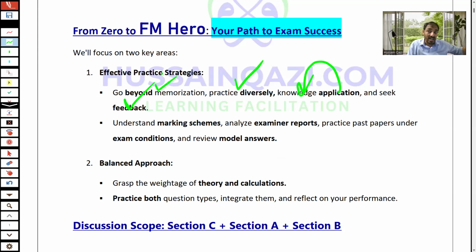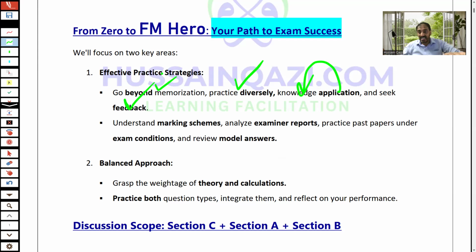How to evaluate your answer, how to compare your answer, that's very important. So effective practice strategy, number one, is nothing about learning. It's about diversity for practice. It's about knowledge application. It's about feedback on all of your questions.